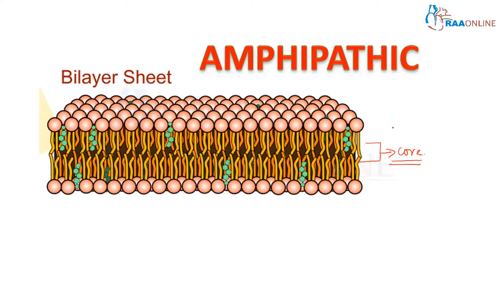That means the hydrophobic tails are present in the core of the membrane, whereas to the exterior and the interior of the membrane, the hydrophilic, polar head groups are formed. Since it contains both hydrophilic and hydrophobic groups, it is called an amphipathic bilayer.